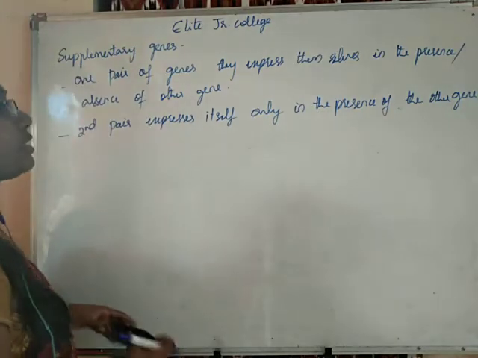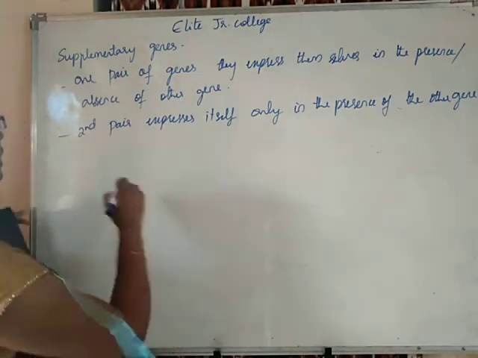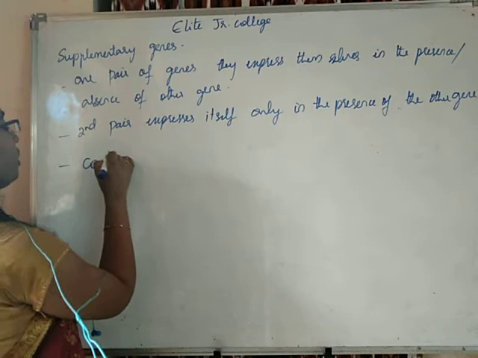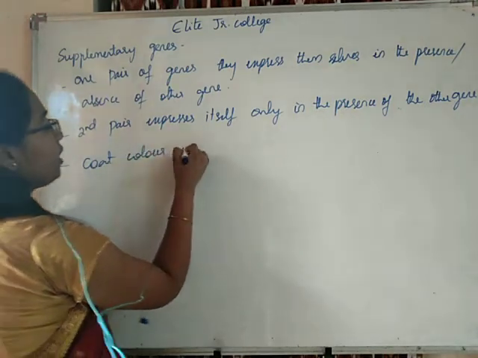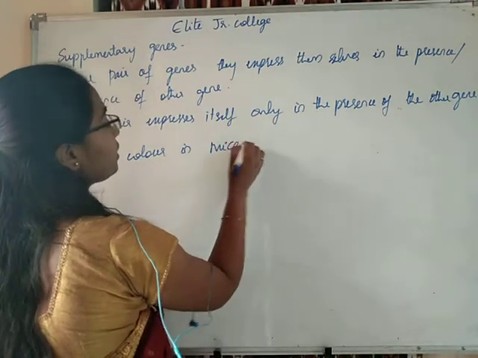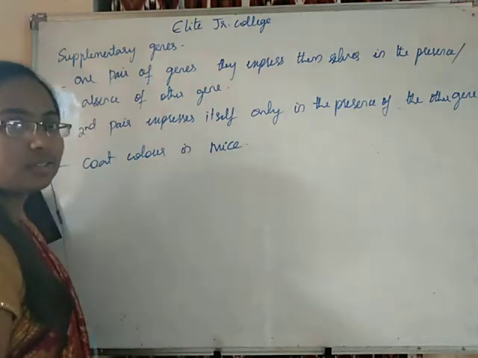Let us learn this with an example. We are taking the example of coat color in mice. This is the character that we are taking into consideration.